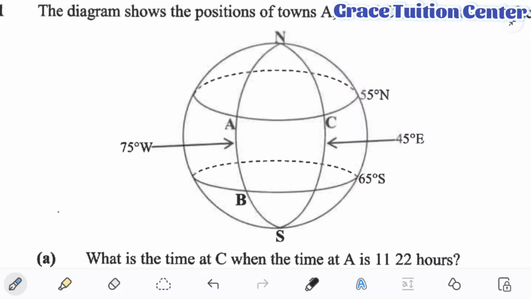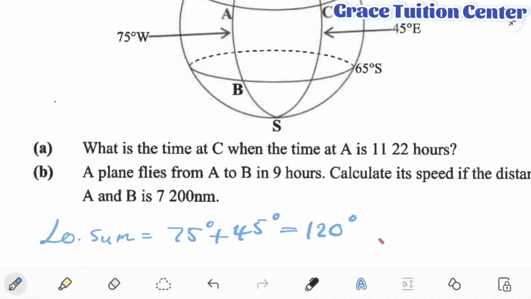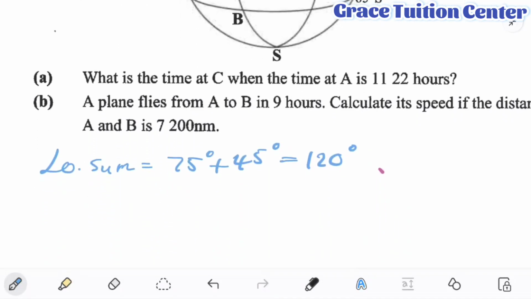Now we know that every 15 degrees moved to the east or to the west results in either a loss of 1 hour or a gain of 1 hour. Every 15 degrees to the east, you gain 1 hour, and every 15 degrees to the west, you lose 1 hour. So we know that each 15 degrees results in an hour in terms of time.